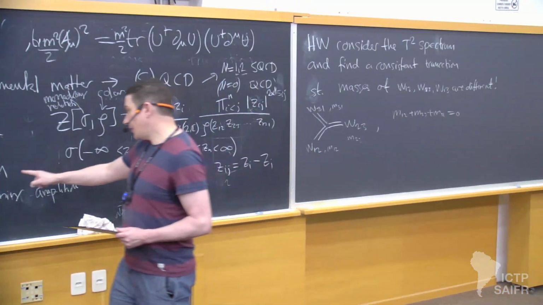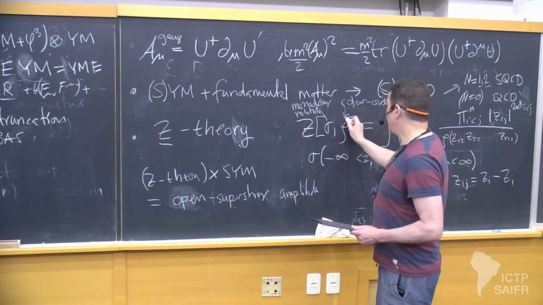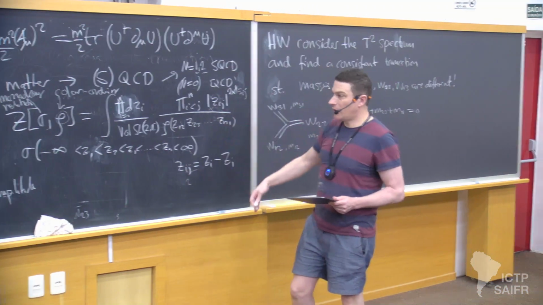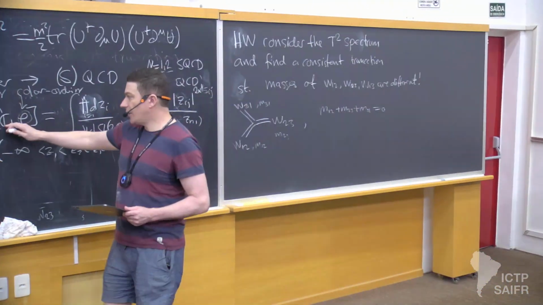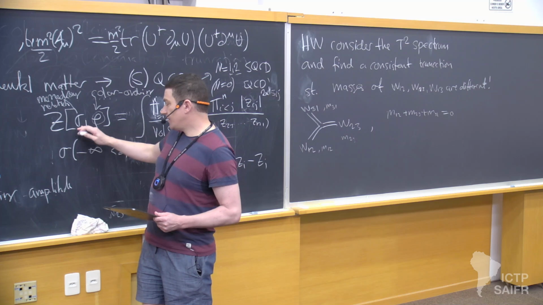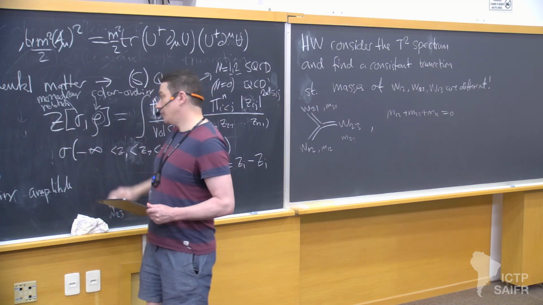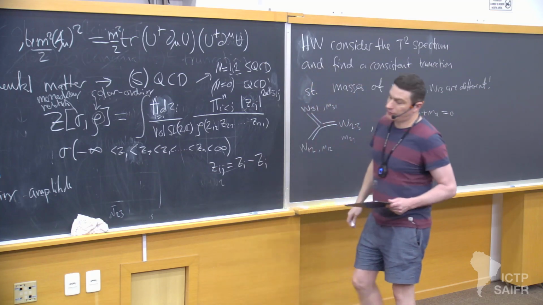And it's important here that you're actually double copying this color ordering that obeys color-kinematics duality and not the other one. So the other one is actually related to the Chan-Paton factor that you need to address your string amplitudes with.